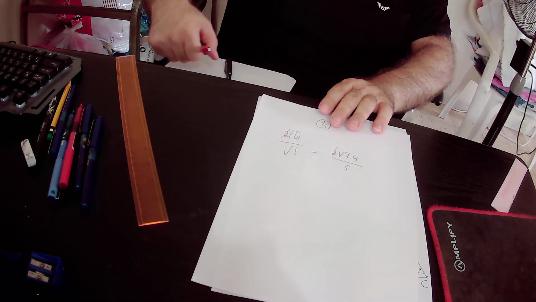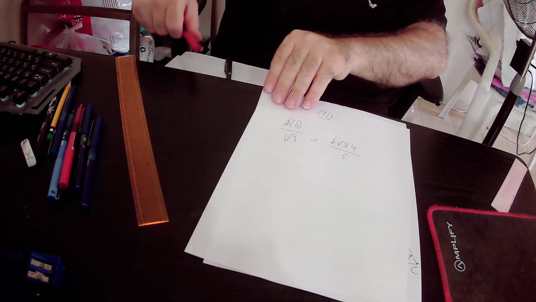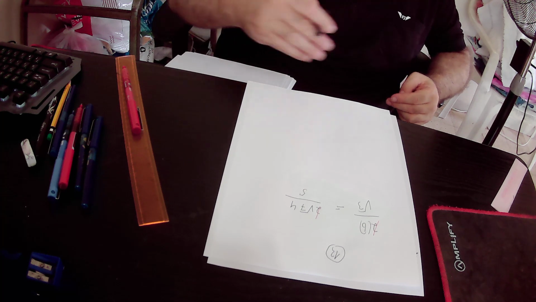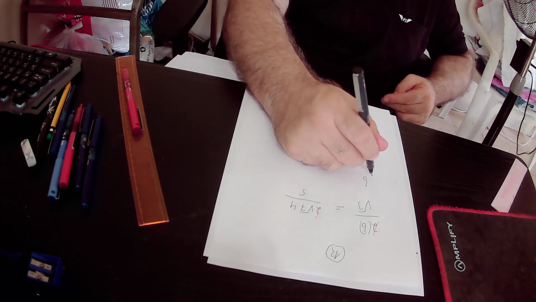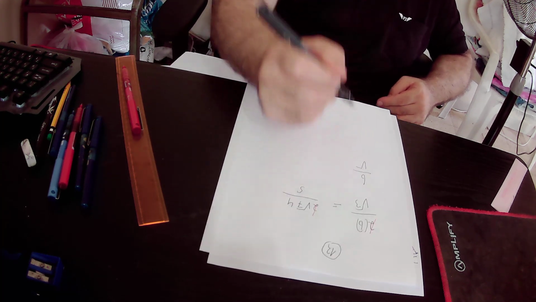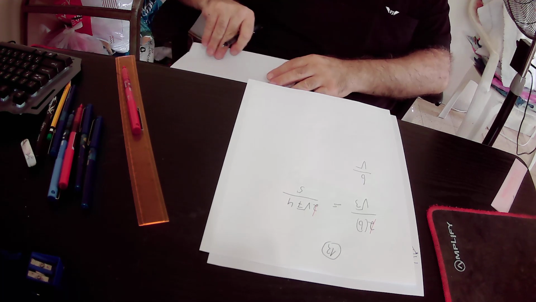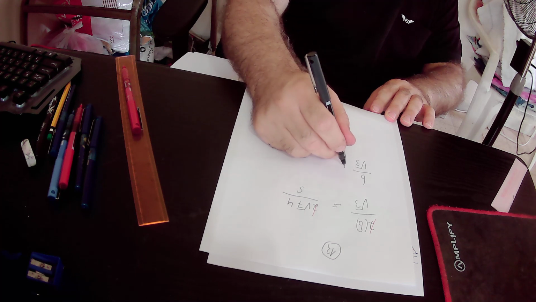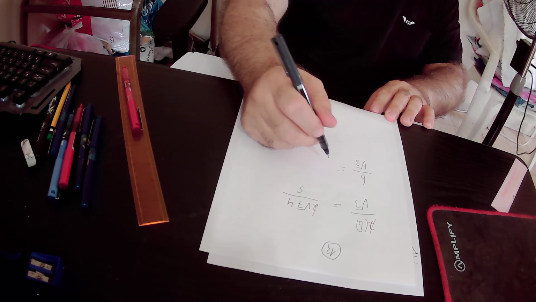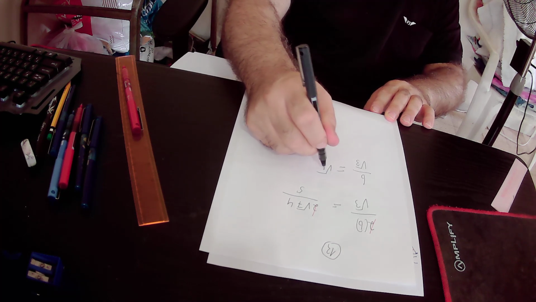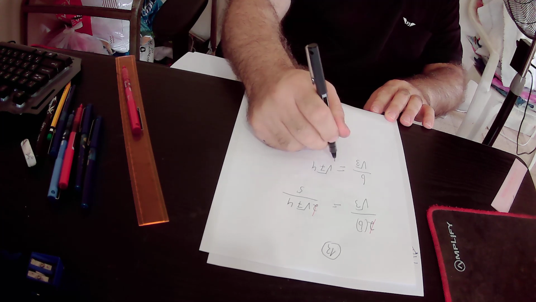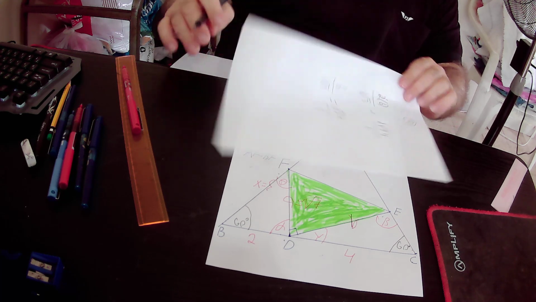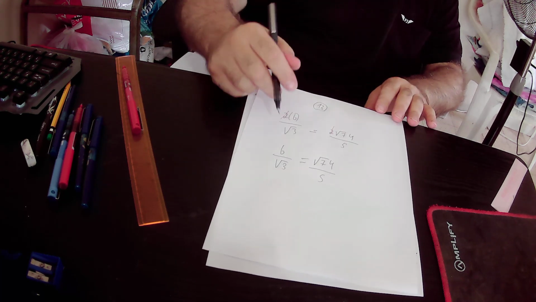What is left after we cancel 2 is b over root 3 equals root 7 times 4 over 5.